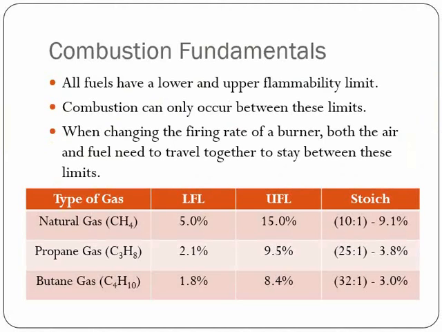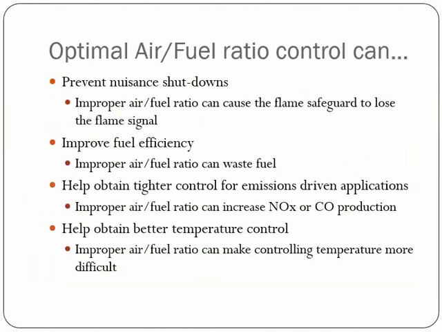We see that both of those lower flammability and upper flammability limits, as well as the stoichiometric percentages, go down due to the calorific value that is in each of those fuels. So propane has a calorific value of about 2,500 BTUs per cubic foot. Butane is going to be about 3,200 to 3,300 BTUs per cubic foot compared to natural gas, which is only about 1,000 BTUs per cubic foot.